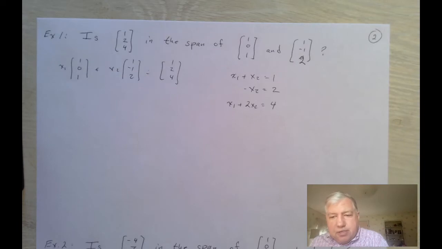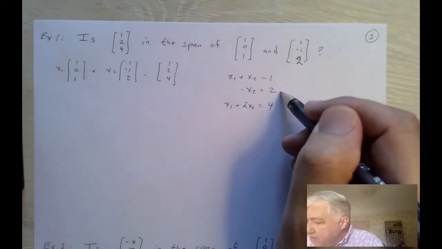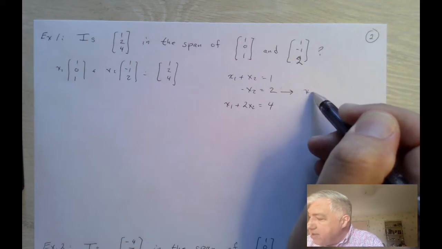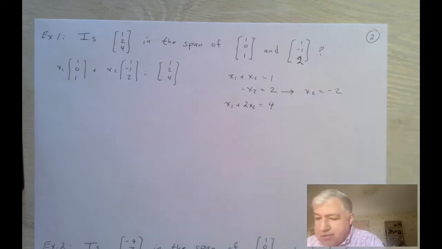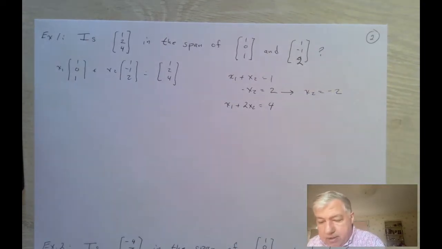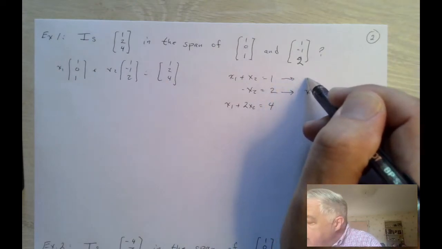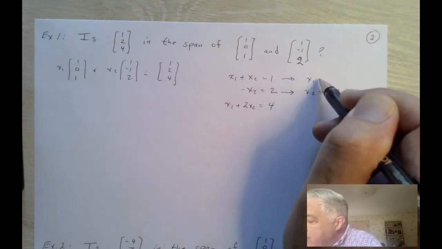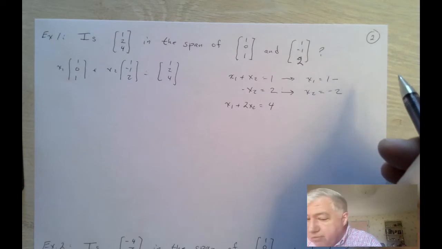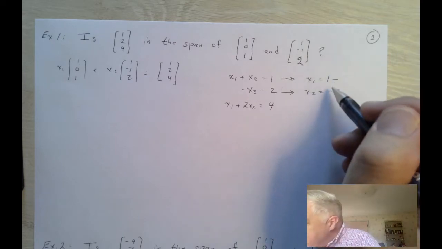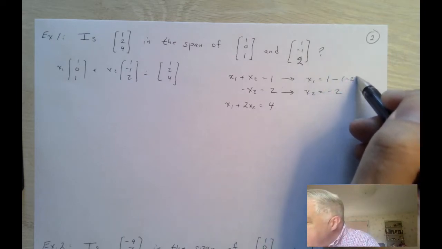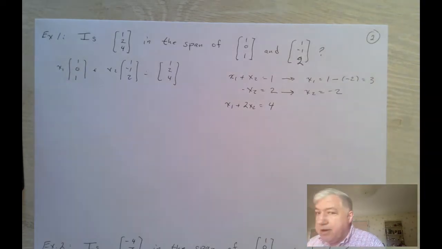This system is relatively easy to solve. The second equation automatically gives us that x2 has to be negative 2. Then what does x1 have to be? Well, x1 is going to be 1 minus x2, which we just found is negative 2, so x1 is equal to 3.